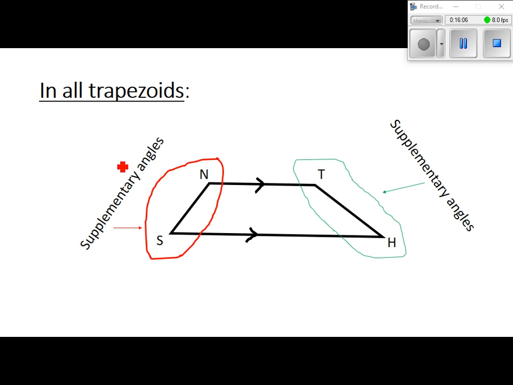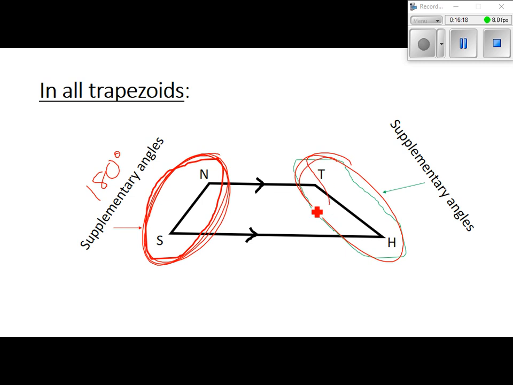In all trapezoids, these two angles are always supplementary, they always add up to 180. These two angles always add up to 180. So one upper base angle, one lower base angle. The two that are connected together on that side, the two that are connected together on that side, always add up to 180. No matter what the trapezoid looks like.